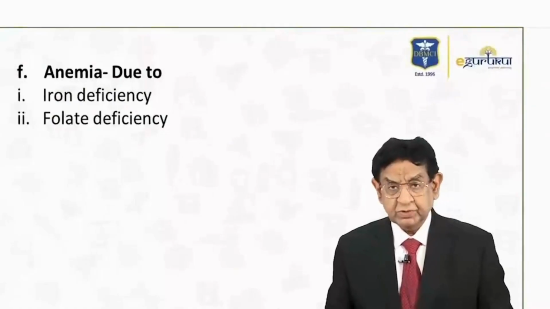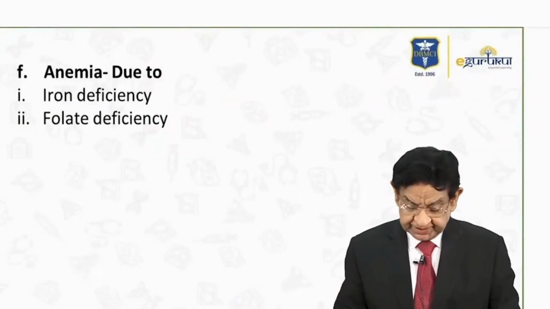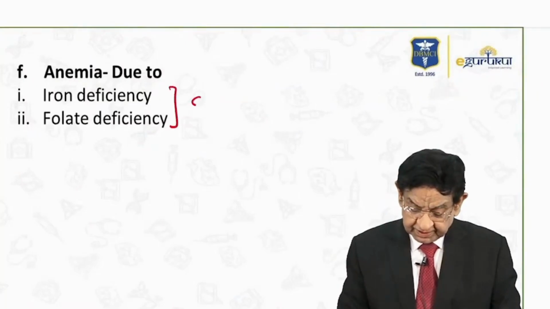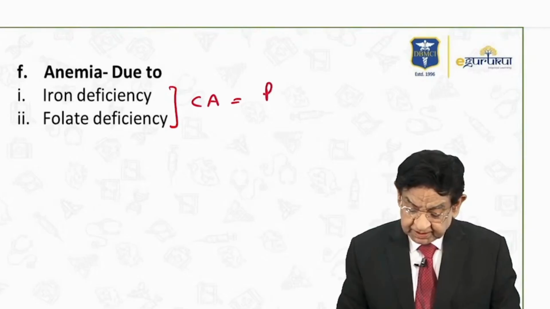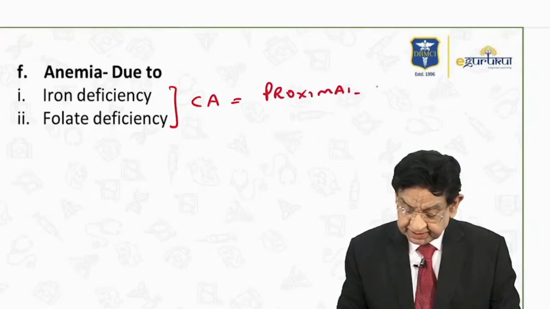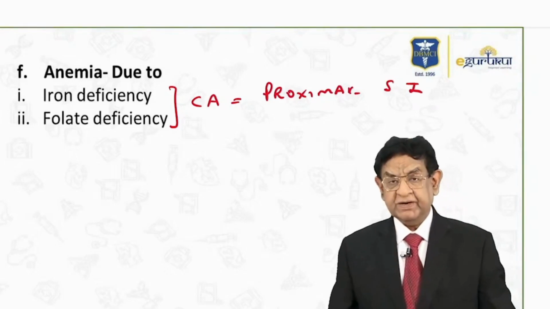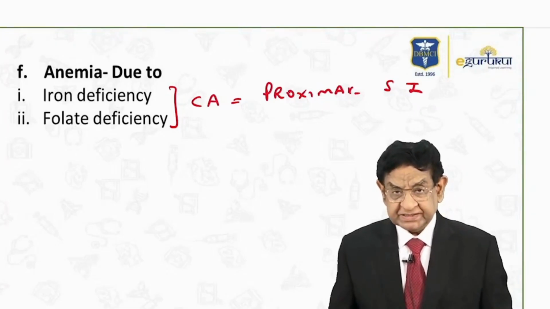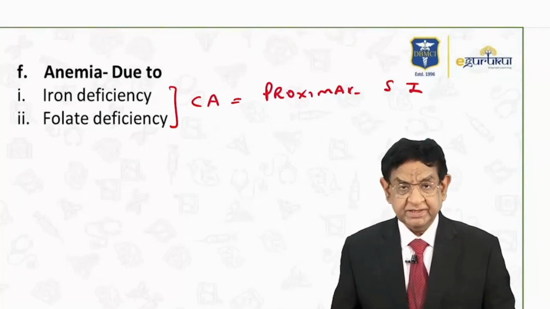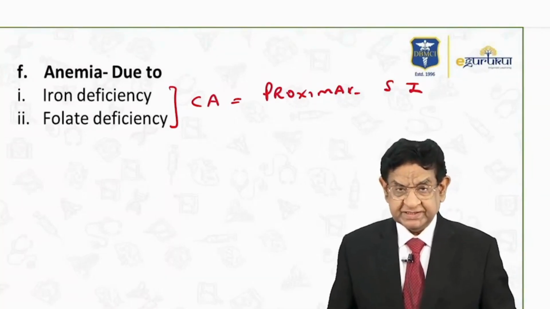Anemia occurs due to iron and folic acid deficiency. The clinical applied point: these two are absorbed in the proximal part of the small intestine, which is mainly the diseased part, and that's why iron and folic acid deficiency is there.